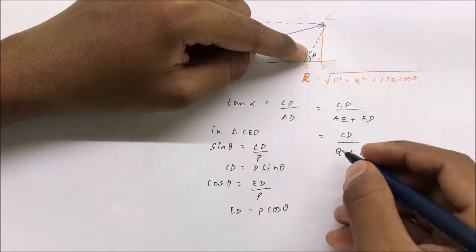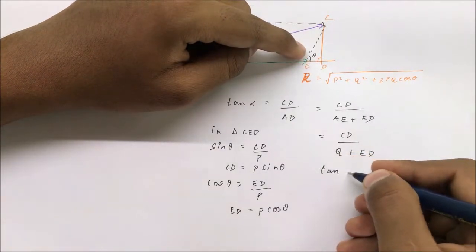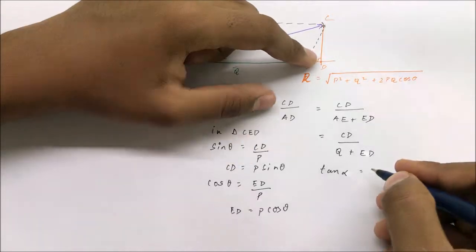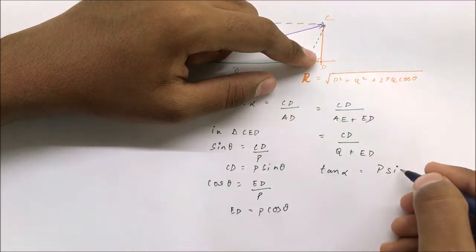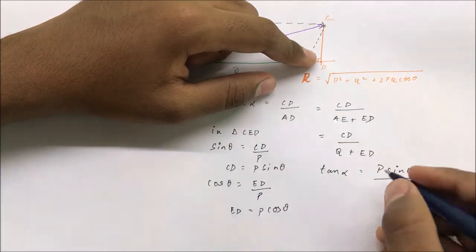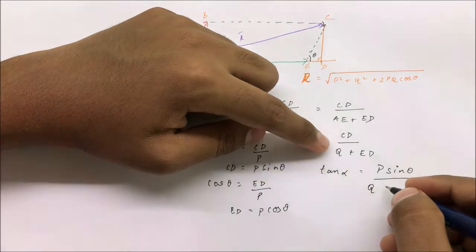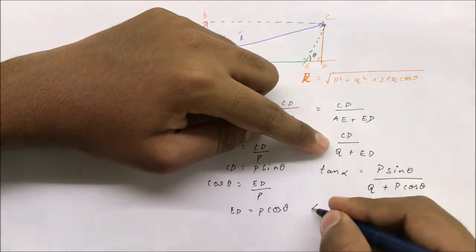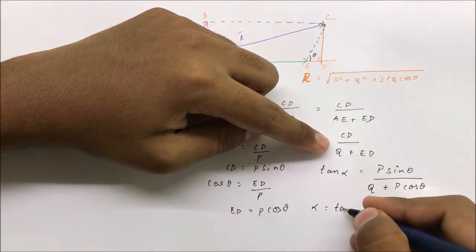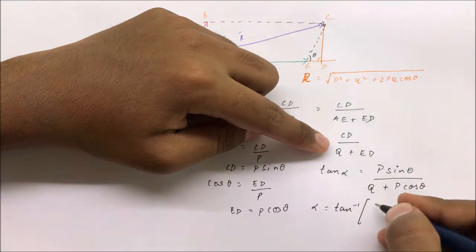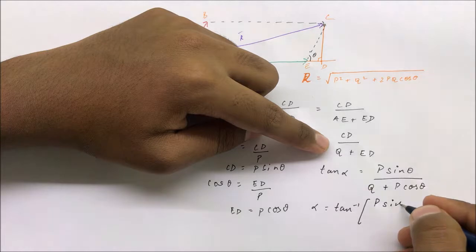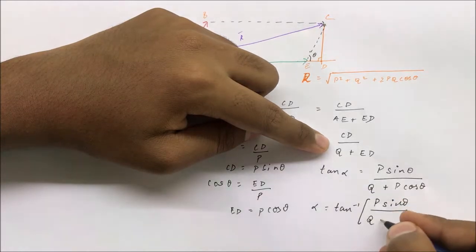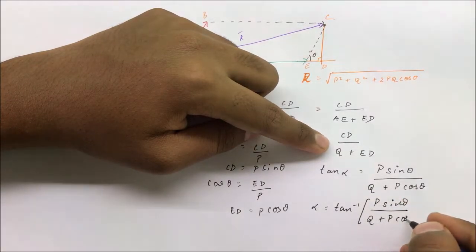Now we have values for CD and ED, so we just substitute them. So tan alpha is equal to P sine theta by Q plus P cos theta. So alpha is nothing but tan inverse of P sine theta by Q plus P cos theta.